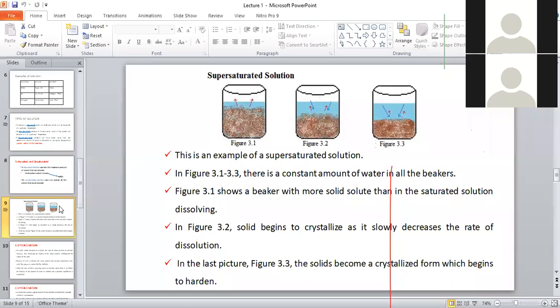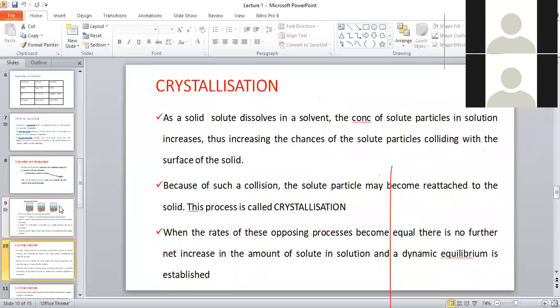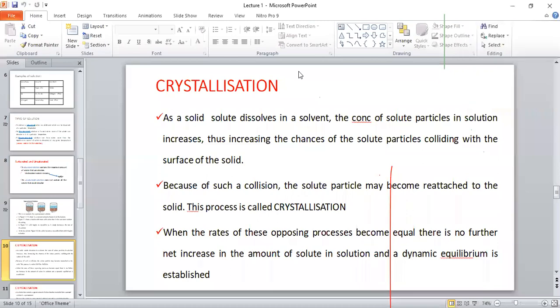So now crystallization. Let's look at crystallization. As a solid solute dissolves in a solvent, I believe you understand what I mean by solid solute now. The one in solution is the solute. The one that has not gone into solution that you're trying to put in there is a solid.